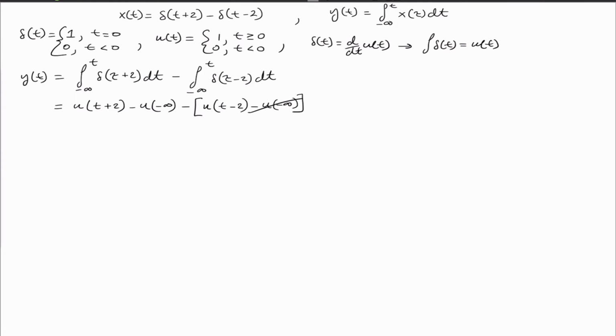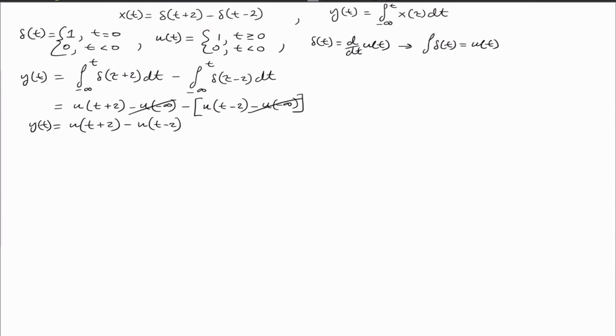We see that u of negative infinity cancels out, and we end up with two time shifted versions of the unit step function as written, and this is y of t.